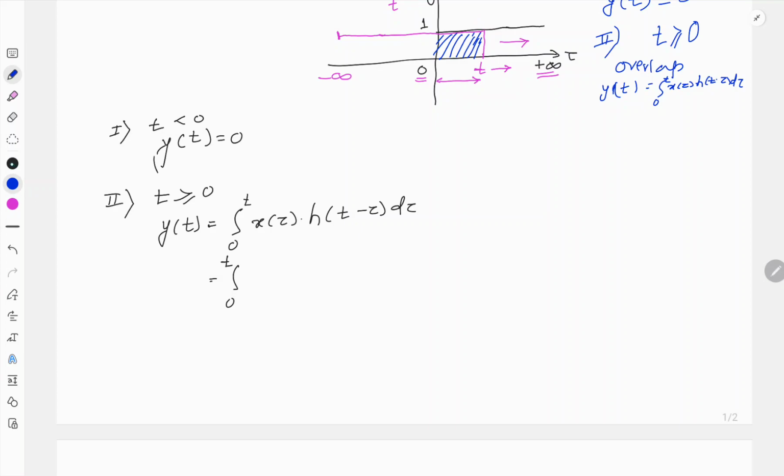X of tau is 1 and h of t minus tau is also 1. Therefore, the integration of 1 d tau is tau with the limits 0 to t, and if we apply the limits, the upper limit t minus the lower limit 0, our y of t is equal to t for t greater than or equal to 0.